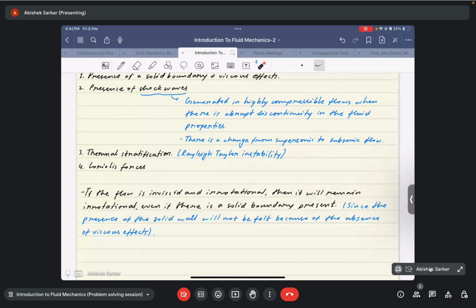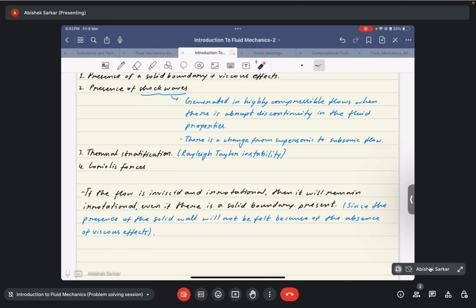And if it is clear, it will remain in your brain for a lifetime. So the thing is, again, just focus here: if the flow is inviscid and irrotational, then it will remain irrotational even if there is a solid boundary present. Okay, why? Because the presence of the solid boundary wall will not be felt because of the absence of viscous effects.